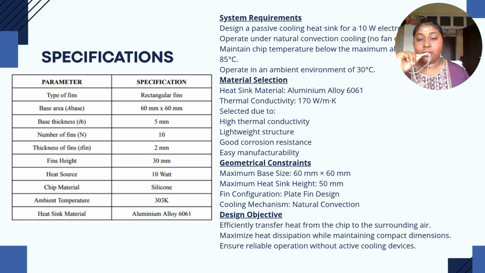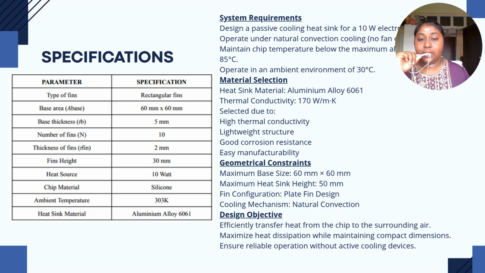Aluminium alloy 6061 is selected because it has good thermal conductivity, is lightweight, has good corrosion resistance, and is easy to manufacture. These properties make it suitable for passive cooling applications. The system is designed to operate in an ambient temperature of 30 degrees Celsius, and the maximum allowable chip temperature is 85 degrees Celsius.